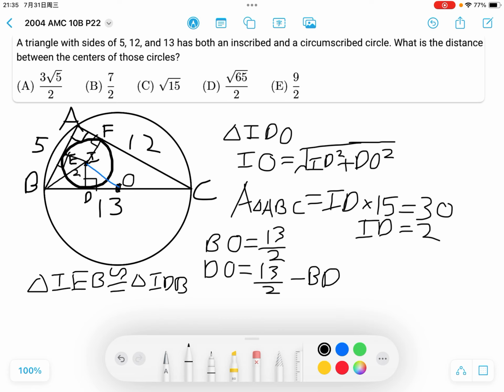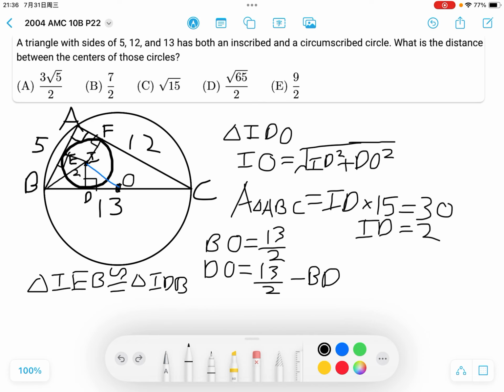Why? Because I have 2 right angles, this angle here and this angle here, and I have one side. I is the intersection of my angle bisectors for angles A, B, and C, so BI is part of the angle bisector of angle B.